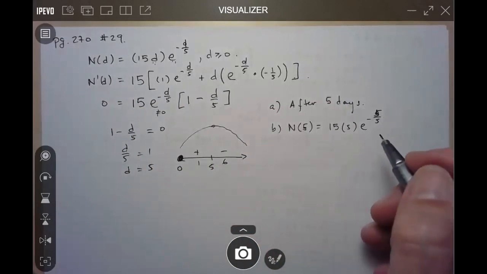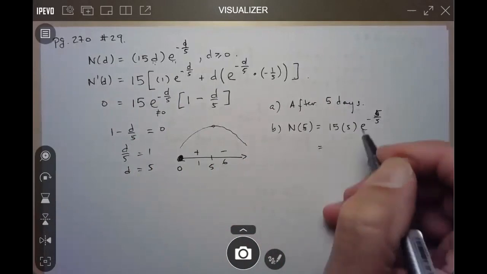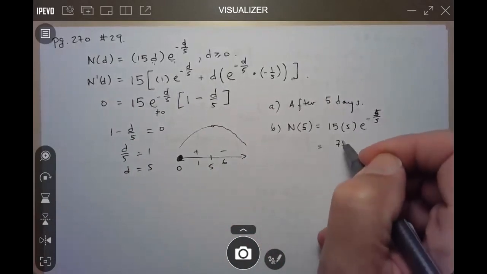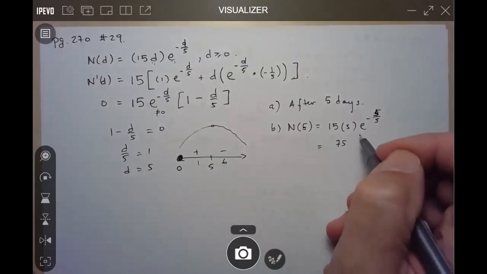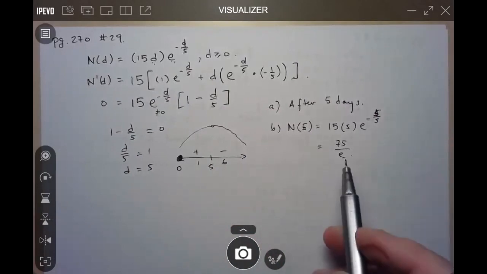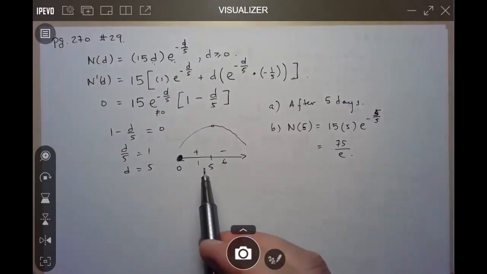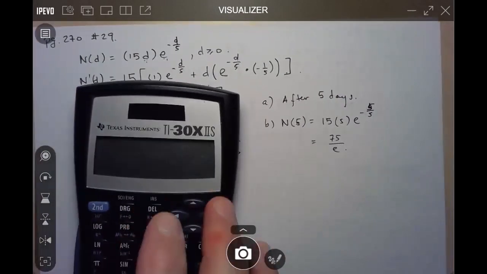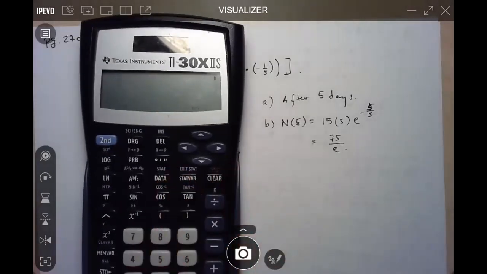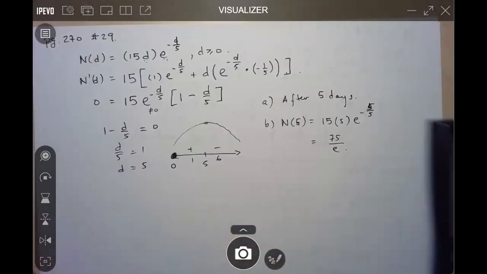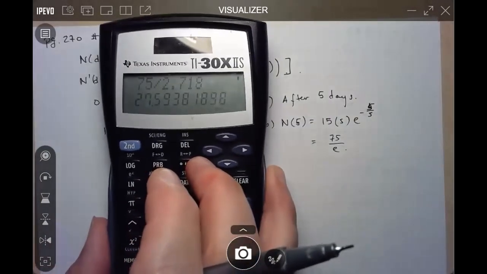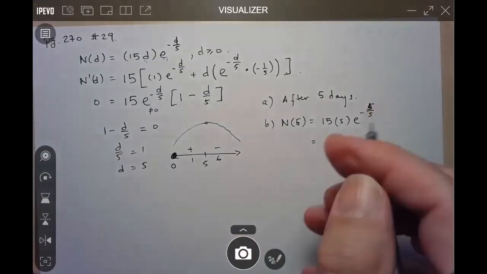Now, this is 15 times 5, 75, and e to the negative 1 is like 1 over e. We don't want to leave our answer like that because there's a context we should be giving an answer for. So let's get our calculator and calculate 75 divided by 2.718. And that's 27.6.